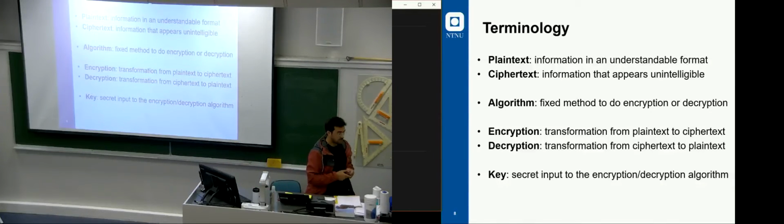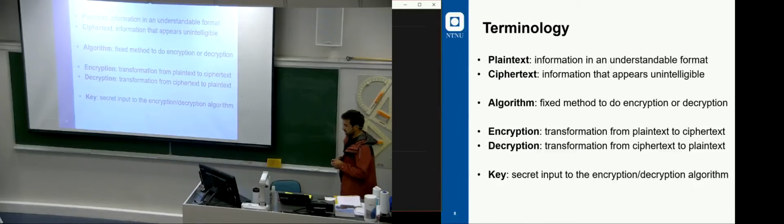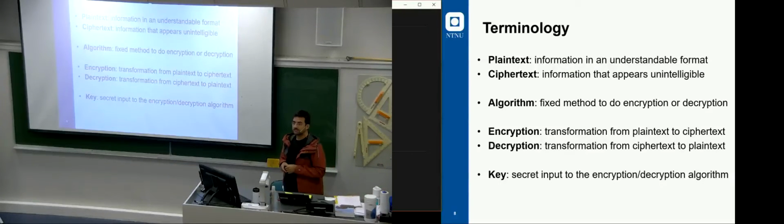Then come algorithms. These are just methods of converting plain text into ciphertext. For example, I have a text I want to communicate to a person, say at the corner, and I don't want other people to listen to the message.